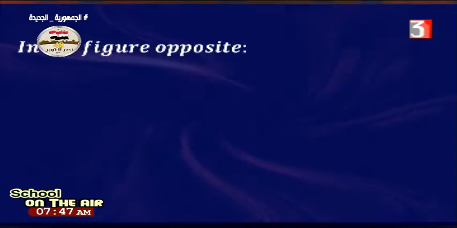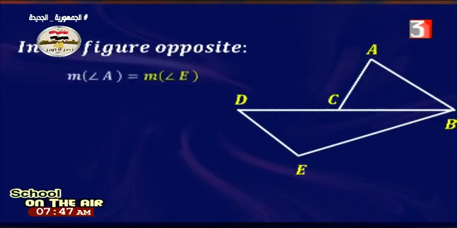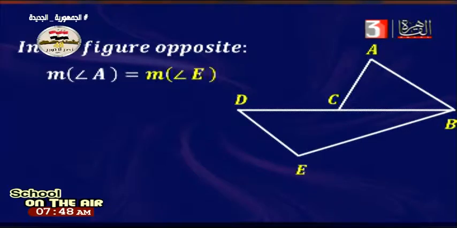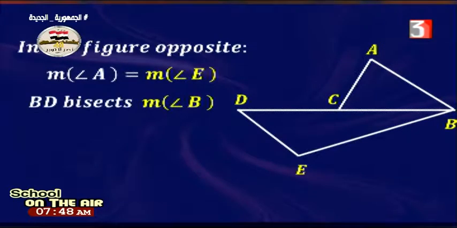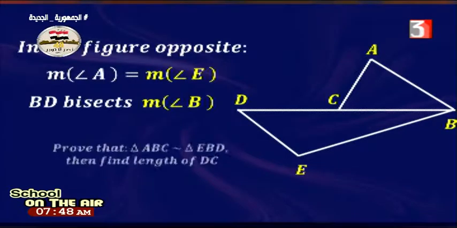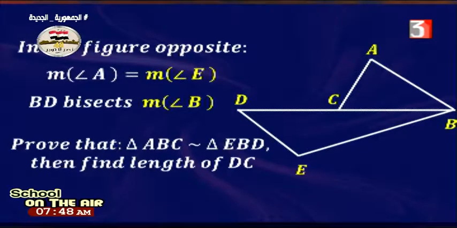In the figure opposite, you have measure angle A equals measure angle E, and BD bisects measure angle B. Then I want you to prove that triangle ABC is similar to triangle EBD, and then to find the length of DC.